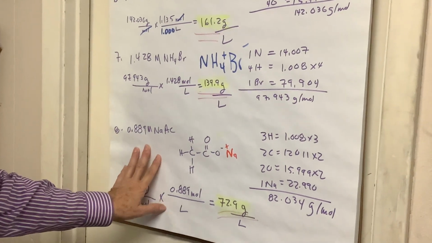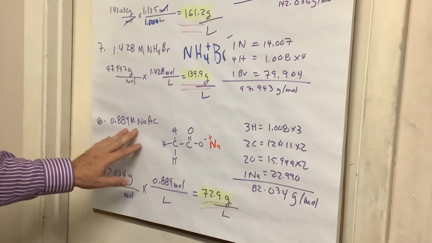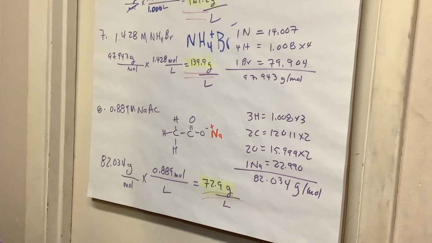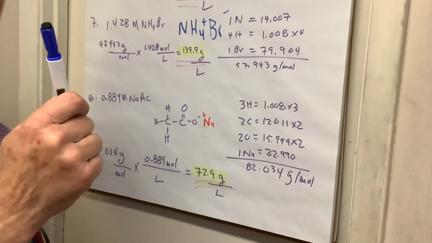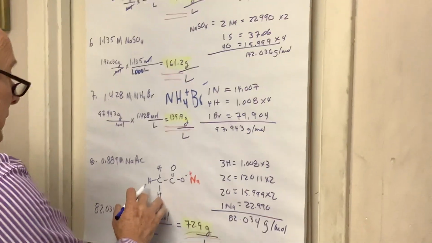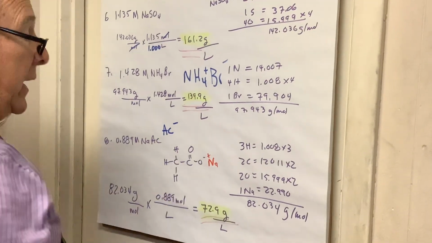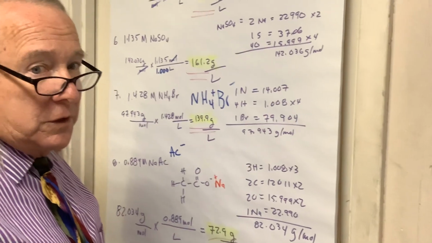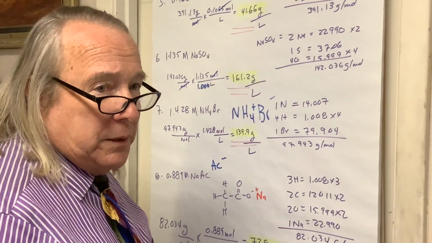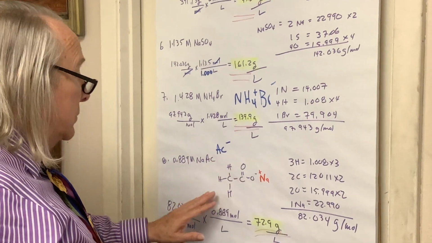And finally, it says 0.889 molar sodium acetate. Doesn't tell you what sodium acetate is. They want you to look in a table of the polyatomic ions and see that the acetate anion, which I, as a biochemist, much to the consternation of my pure chemistry friends, frequently abbreviate Ac minus.